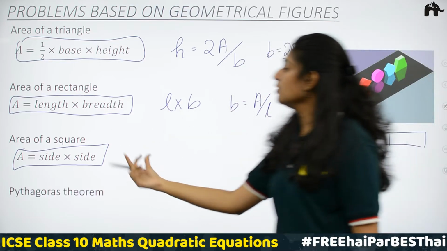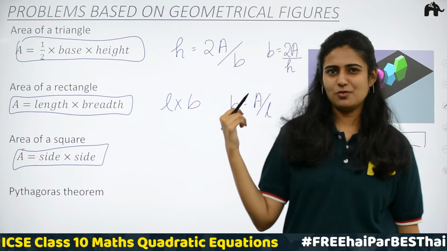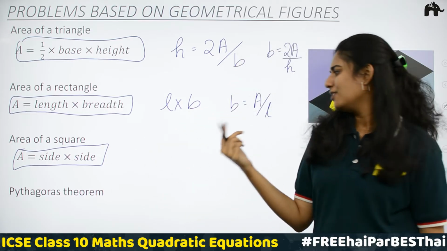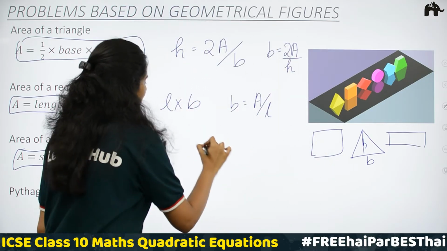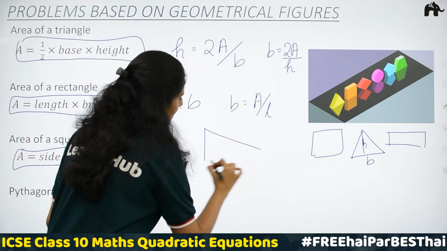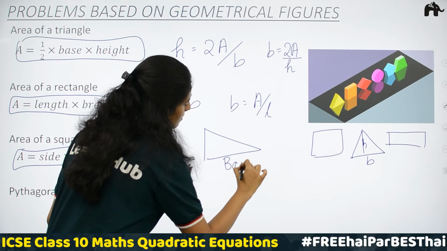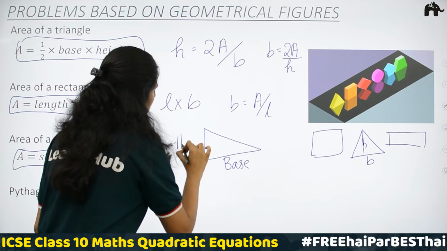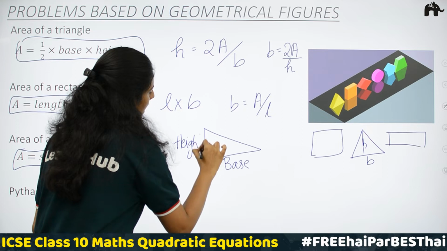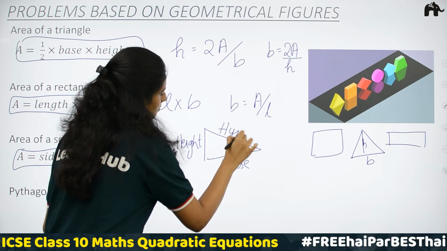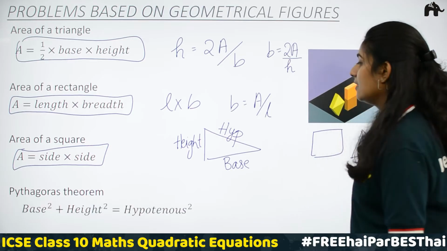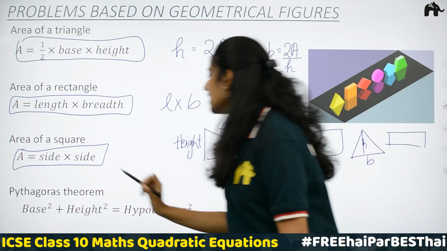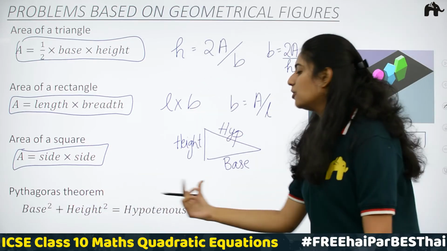Okay. Next, we need to know the Pythagoras theorem. What is Pythagoras theorem? Where do we use this Pythagoras theorem? In case of right triangles, correct. When you have a right triangle, this is the base, this is the altitude or height, and this is hypotenuse. According to the Pythagoras theorem, we have base square plus height square is equal to hypotenuse square.